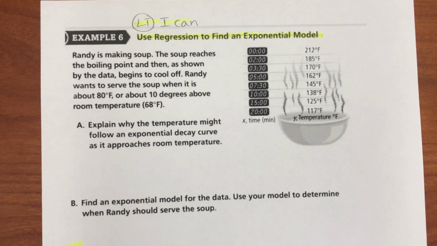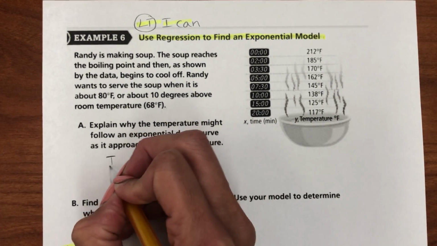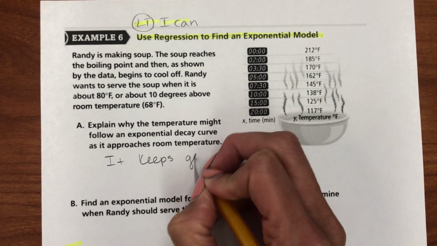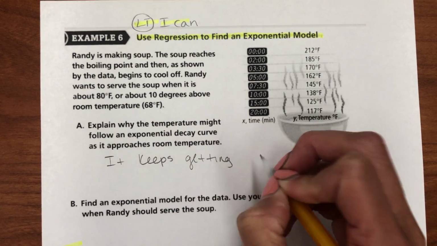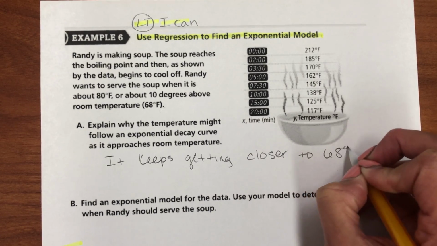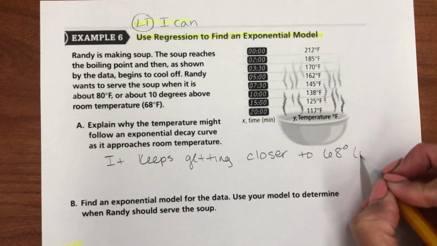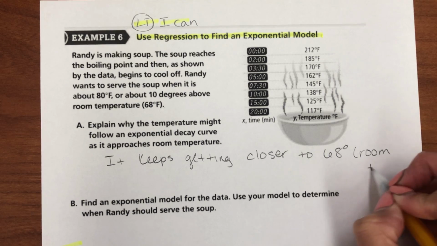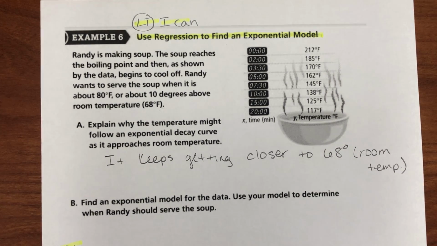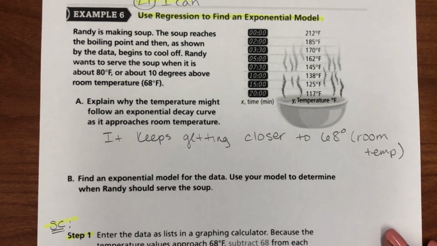So that shows a decay curve because it keeps getting closer to 68 degrees. That's your room temperature. So this is important because this tells me that my asymptote of this curve is at 68 degrees.